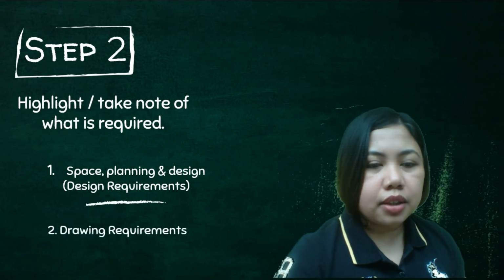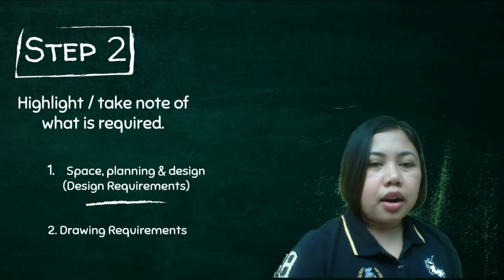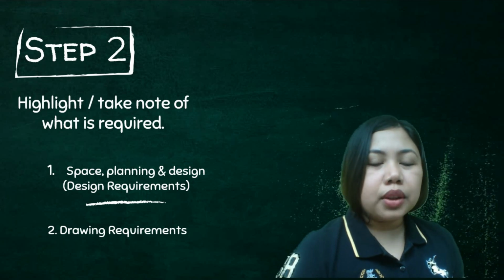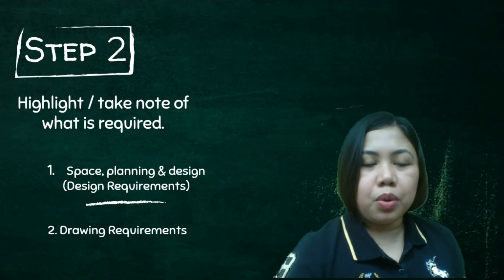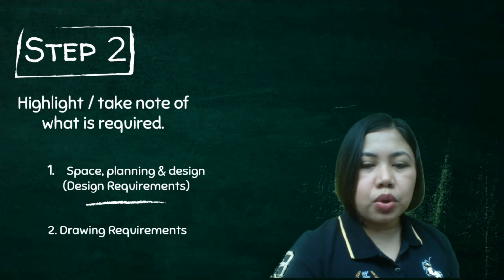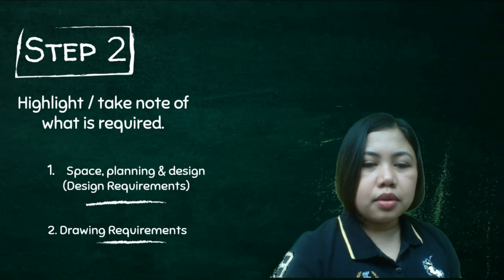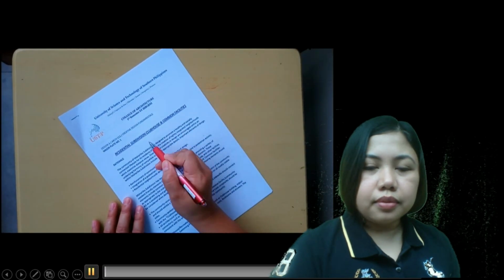And second is the drawing requirements. These are the output that your instructor is asking from you in order for you to express those design solutions. Okay. Read the problem very carefully.